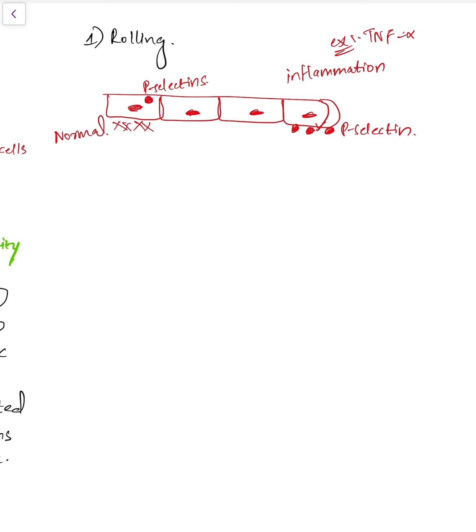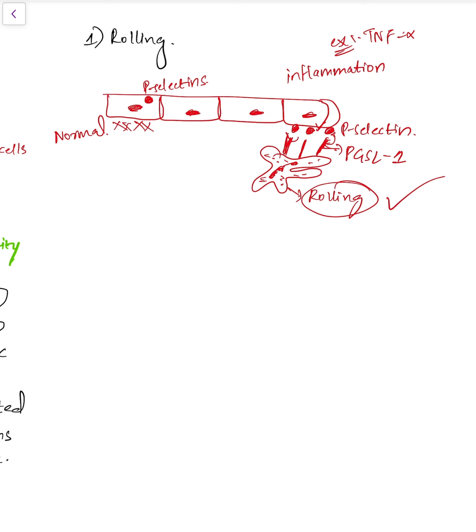Now, why is this important? These P selectins interact with neutrophils via PSGL1. I don't think you need to remember the full form, but it is P-selectin glycoprotein ligand 1. When this interaction happens, it's like putting a brake on the neutrophils. They slow down and they start rolling.